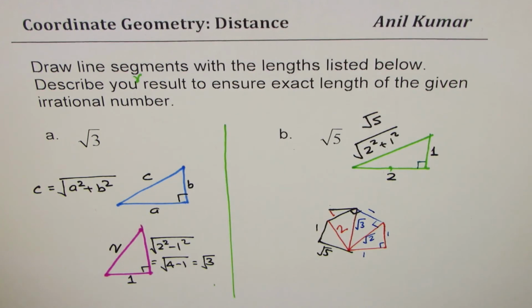I hope the concept is clear. It is to use the Pythagorean theorem and then get the irrational number as either the hypotenuse or one of the sides. So be open to both solutions. That is what I am laying stress on, rather than just looking for the hypotenuse to be irrational. Okay, I hope you understand and appreciate it.